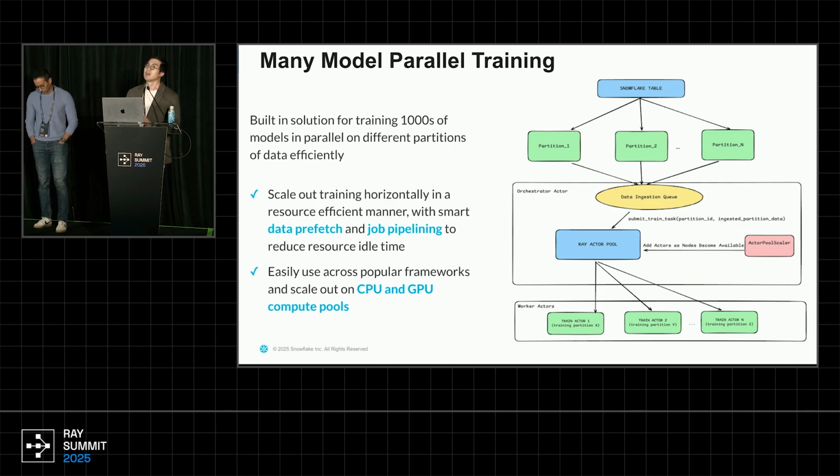Say you realize you don't have enough GPU nodes to really speed up your chaining and you decide to add more: you can scale up your cluster without interrupting the existing workflow. We have what we call an actor pool scaler to detect that new nodes are joining, and as a result, it creates new actors that can pull from the queue to really speed things up.